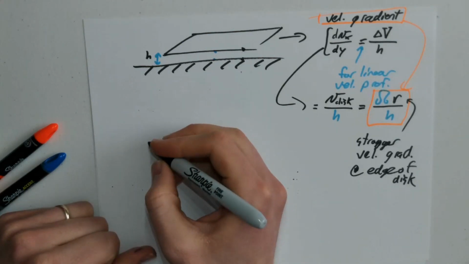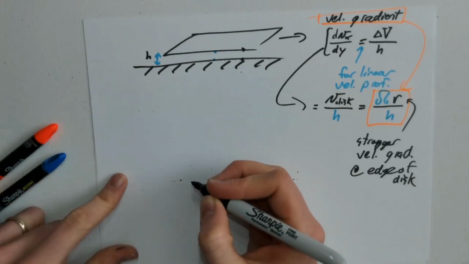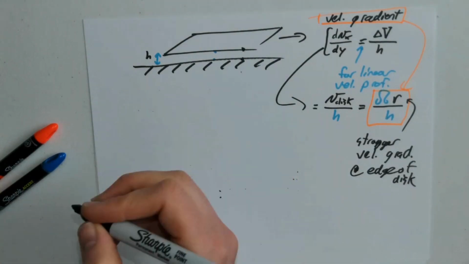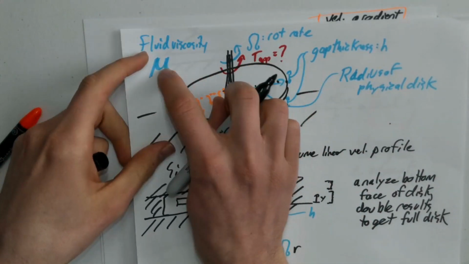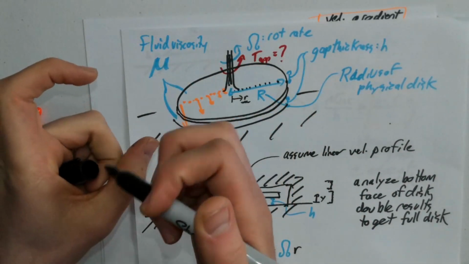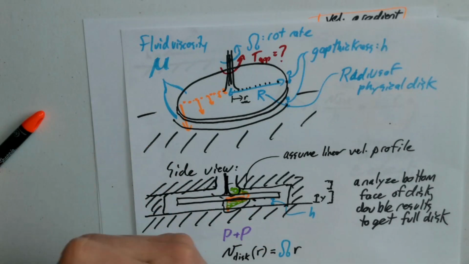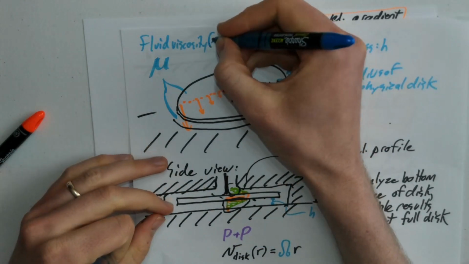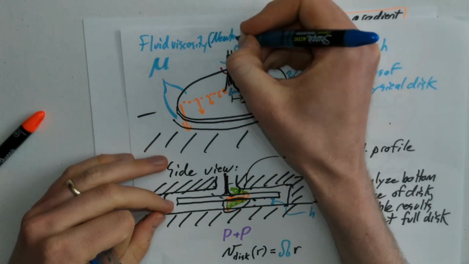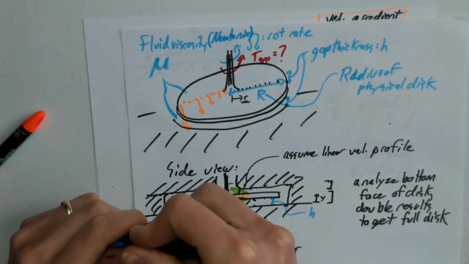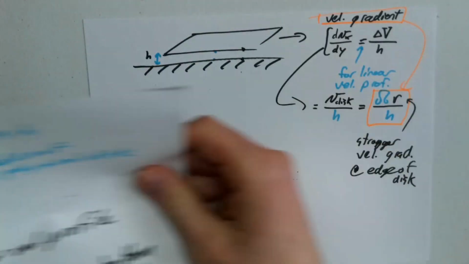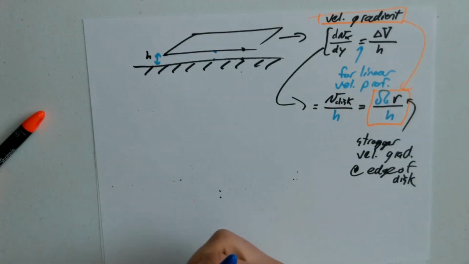In the problem statement, I said there was some fluid viscosity, and by using mu, I sort of implied that it was Newtonian. So if we're assuming Newtonian, then we can use a velocity gradient shear stress relationship.